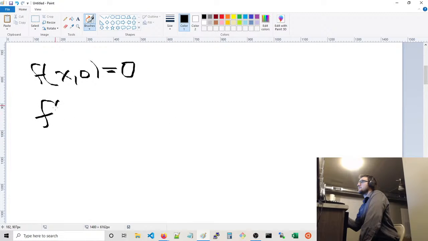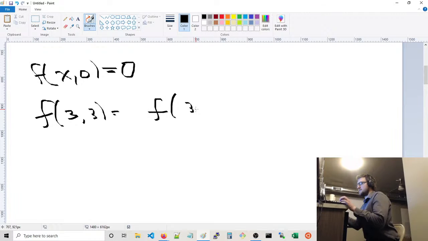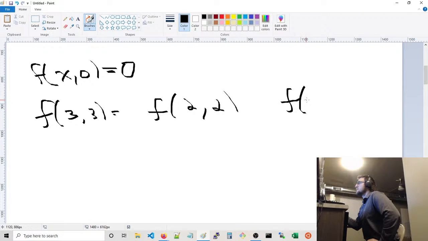thinking like f of 3, 3. If we get, we're not going to do 9 times, we'll do f of 3 of 2, 2, and then f of, we said 2, 3, right?